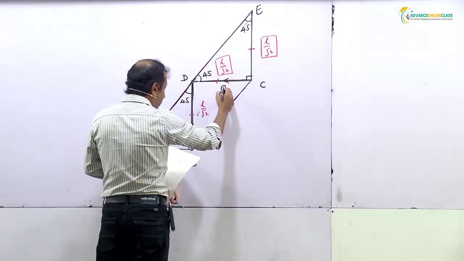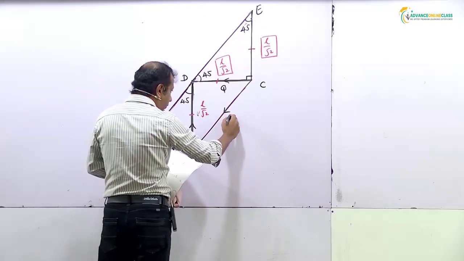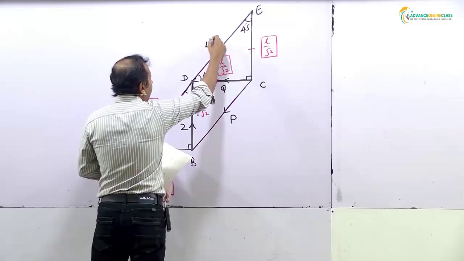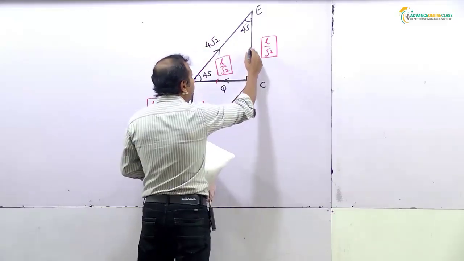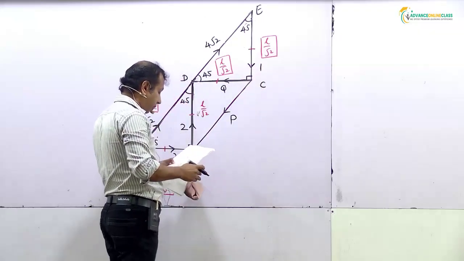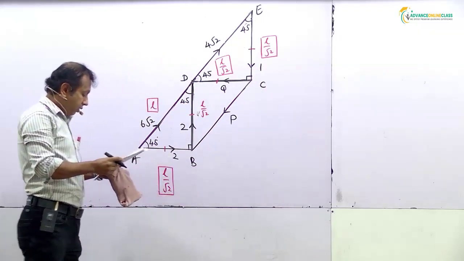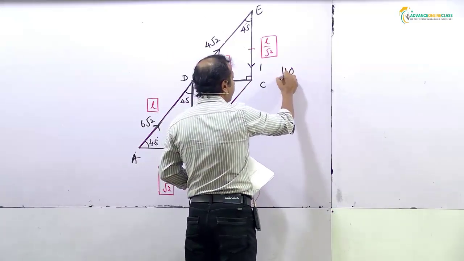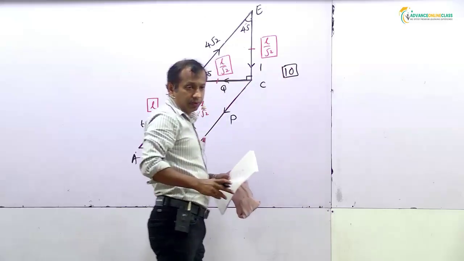This way Q. This is P. This is 4 root 2. Here, this is 1. Yes, for the diagram, 10 marks coming, no?